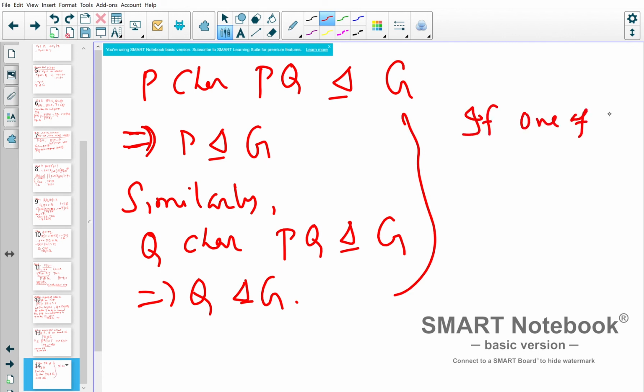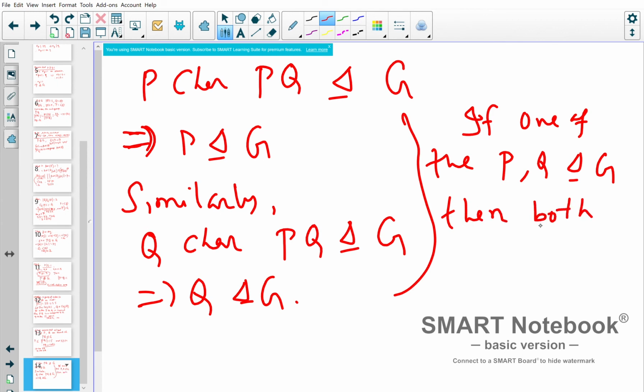So I can assume that neither the 3-Sylow subgroup nor the 5-Sylow subgroup is normal.